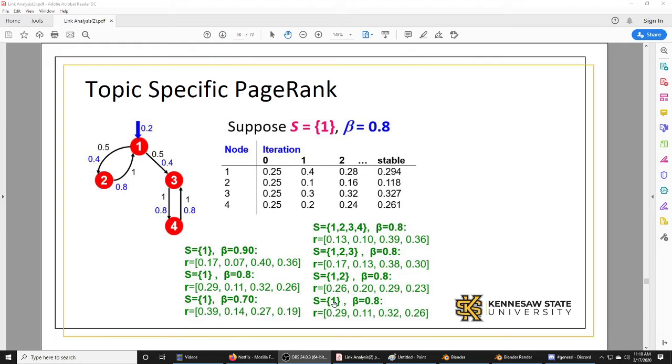Okay, and then 0.1, page 3 still dominates, but we're starting to catch up. Okay, so we can see that as the set gets smaller, the pages that remain in the set get a higher value. This is how the topic specific approach brings authority to pages within a specific content area.